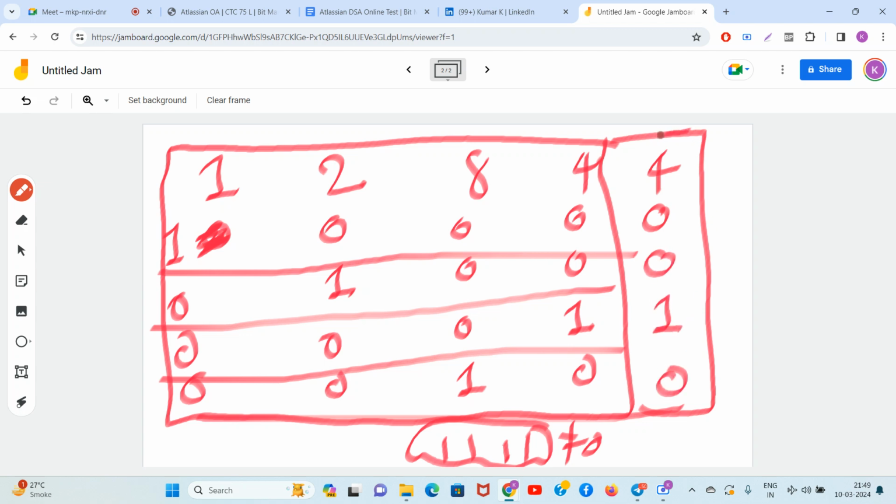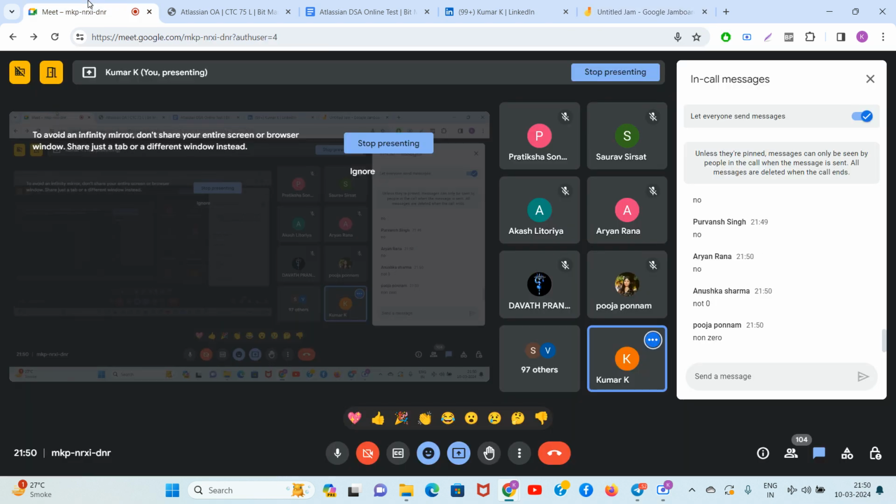Guys, please tell me, if you take the XOR of the first 5 numbers, what will happen? Use your own mind and tell me. That is non-zero. But guys, you did not listen carefully to what the question told you.